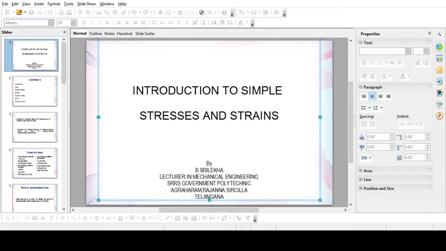If the load is acting over an area or along some length, it is called a distributed load. It is expressed in newton per meter if the load is carried over a length, and in newton per meter square if the load is acting over an area.